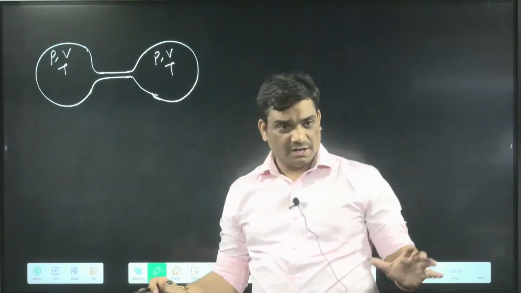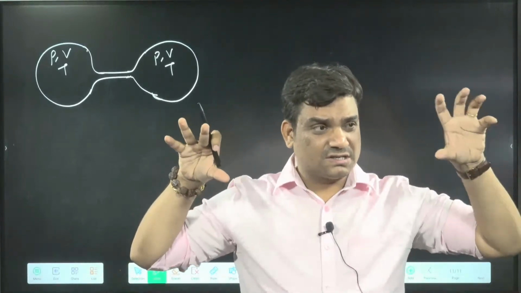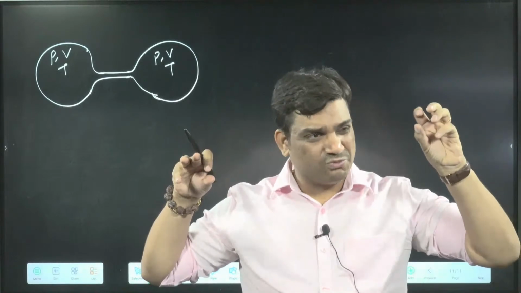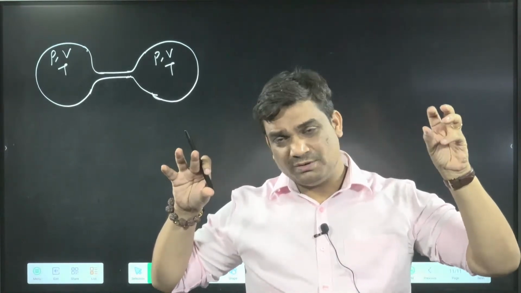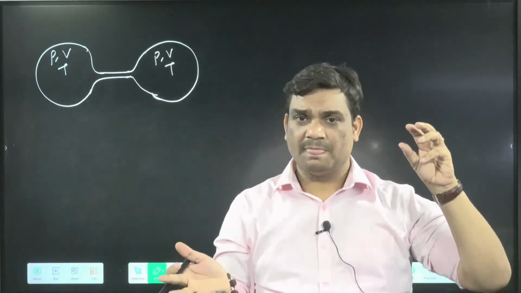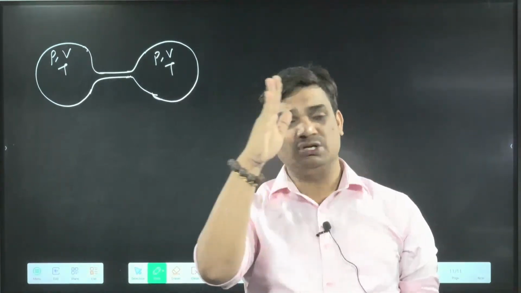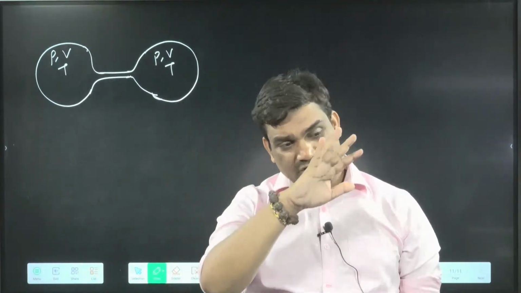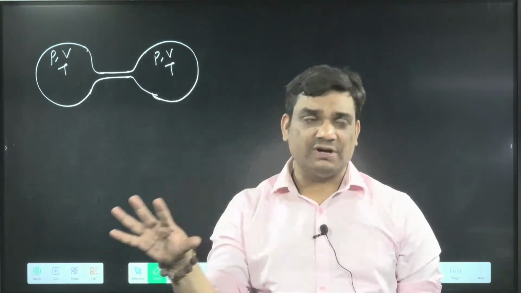Now, whenever I am joining, like in this container we have a huge number of moles but volume is very less, and in another container, size is big but moles are less. So ultimately molecules will move from high pressure to low pressure, and this movement will continue till pressure everywhere becomes the same.